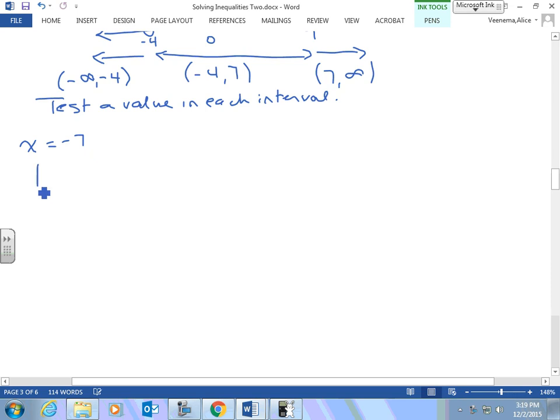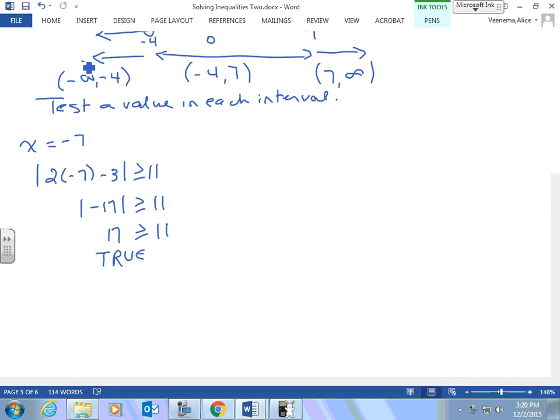So the absolute value of 2x minus 3, so 2 times -7 minus 3, is greater than or equal to 11. So -14 minus 3 is -17, and the absolute value gives me 17, which is greater than or equal to 11. So that piece is true. So that means that first interval is true. The numbers in that interval make the original inequality true.